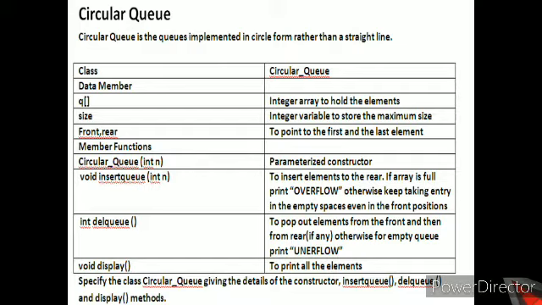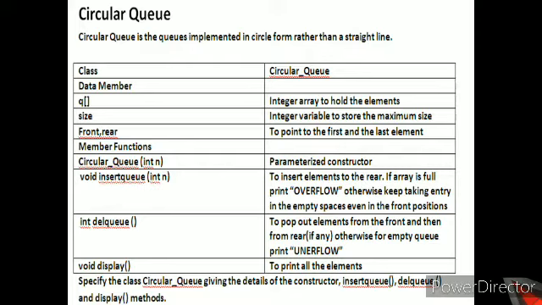The member functions are: circular queue, a parameterized constructor with an int n; void insert queue to enter the element at the rear position. If the array is full, print overflow. Otherwise keep taking entries in the empty spaces, even in the front position.